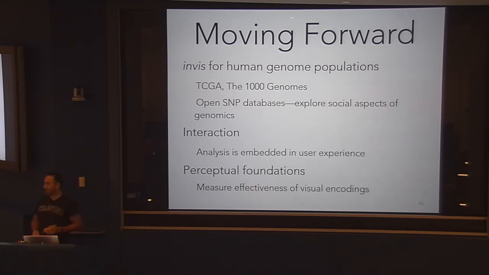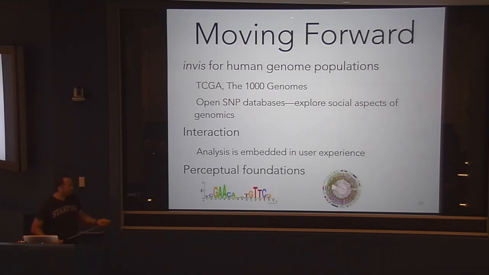You use a certain visual encoding, and I'm not sure whether this is working well or not. Given alternative visual encodings of the same biological data, which one is better than the other? I think there is a great opportunity here to better understand the effectiveness of different visual encodings in genomics visualizations.